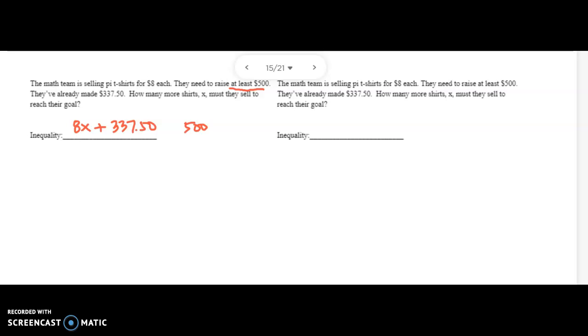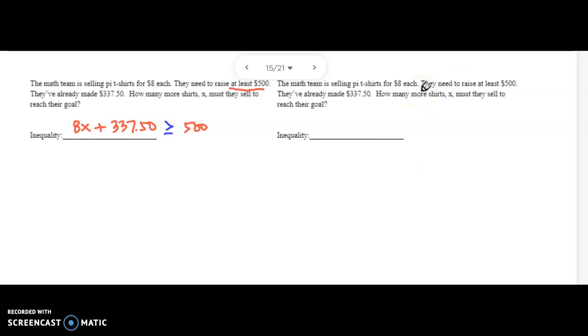What they're saying is we want $500 as the smallest amount we're going to make, but we want more than that. So this expression, 8x plus 337.50, is going to be greater than or equal to 500. It can equal 500, but that's the smallest amount we want. That's why we express it as greater than or equal to. And then we would solve from here.